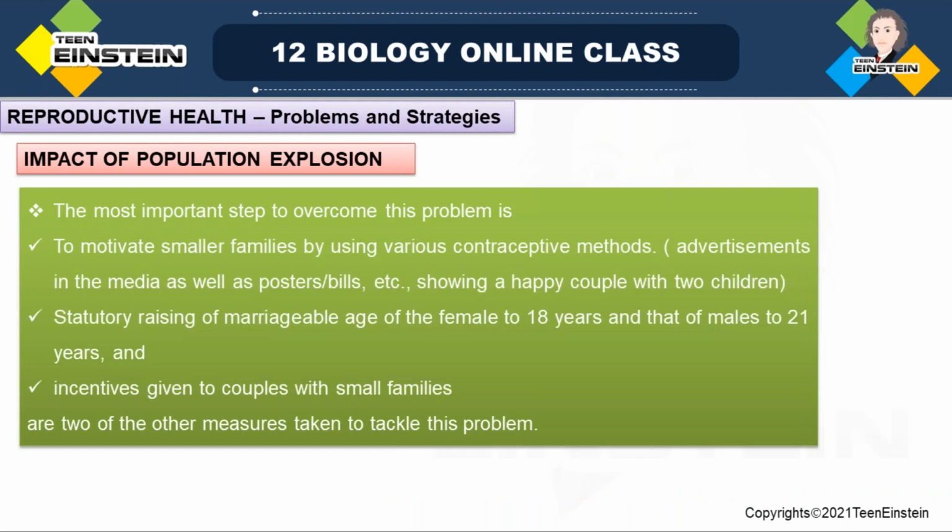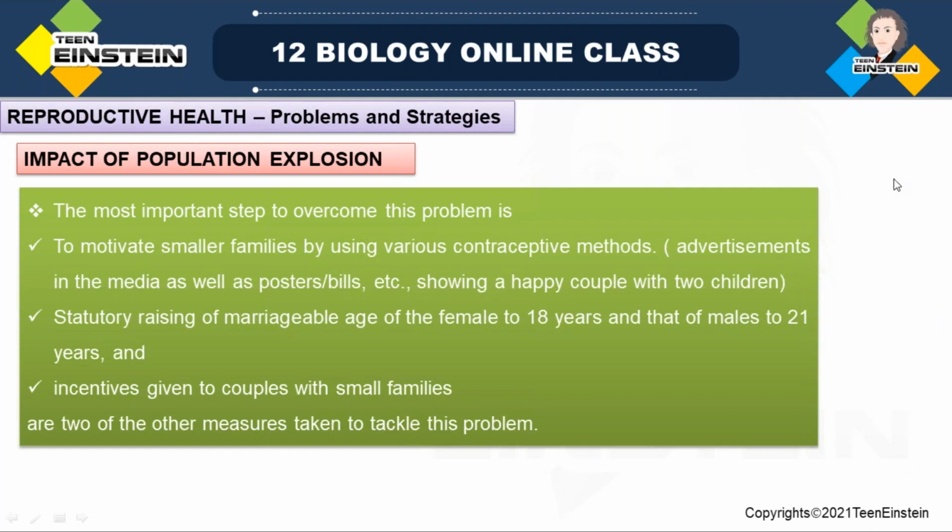And the most important step to overcome this problem is to motivate smaller families by using various contraceptive methods. So advertisements in the media as well as posters, bills, etc. will show a happy couple with 2 children, right? Earlier we were saying a couple with 2 children.